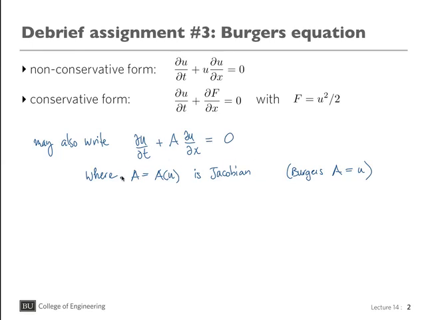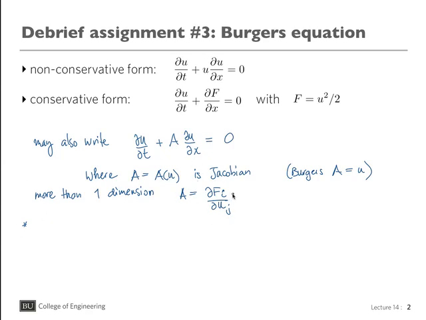In general this is a matrix, so if you have more than one dimension, A will be equal to the derivatives of the flux term with respect to the different components of the independent variable. In the 1D case, it's just df du.